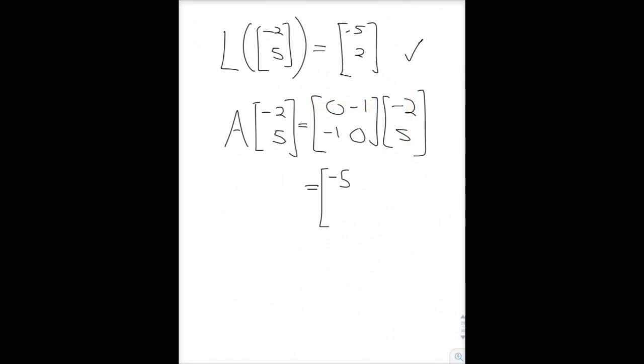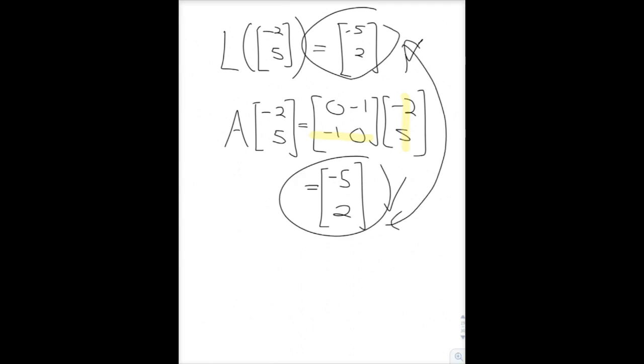And then second row dot column gives me positive 2, which is the same thing that we got by applying L. So A is indeed a matrix representation of L.